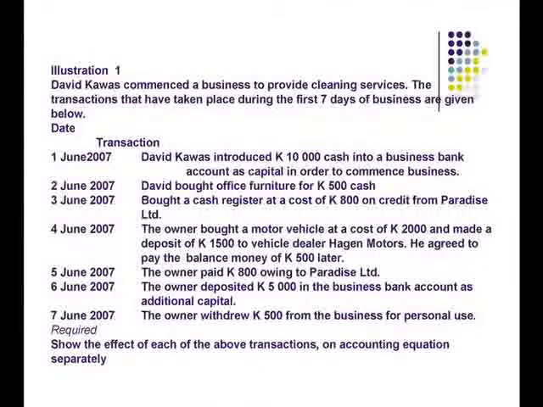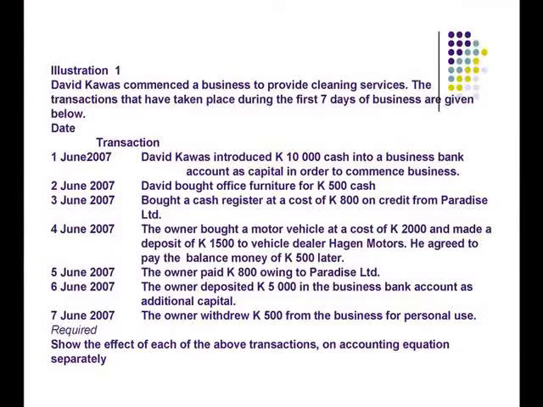5th June, the owner paid 800 kina to Paradise Limited to settle the account. Once you pay this amount, the creditor's amount will reduce to 0, I believe. Yes. Cash register purchased on 2nd or 3rd June is 800 kina, and now you are paying 800 kina.